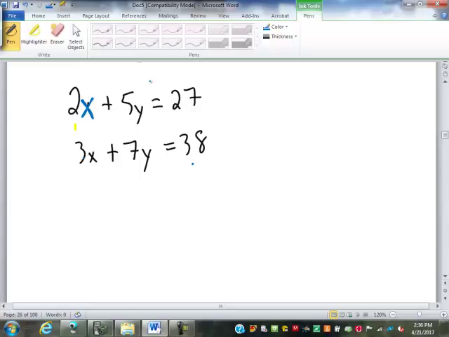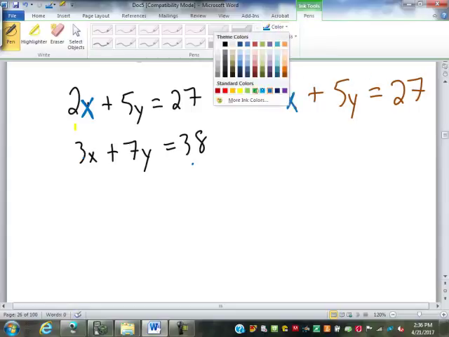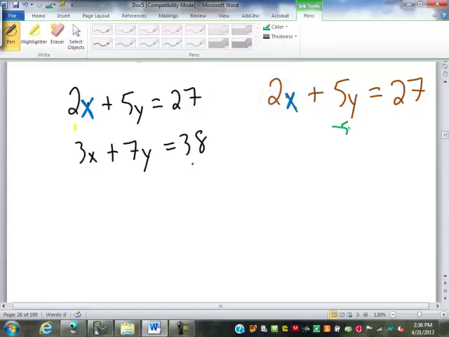So to solve this top equation for x, I'm going to get x by itself. So to solve it, I'm going to subtract the 5y. So that's gone. I have 2x equals 27 minus 5y.